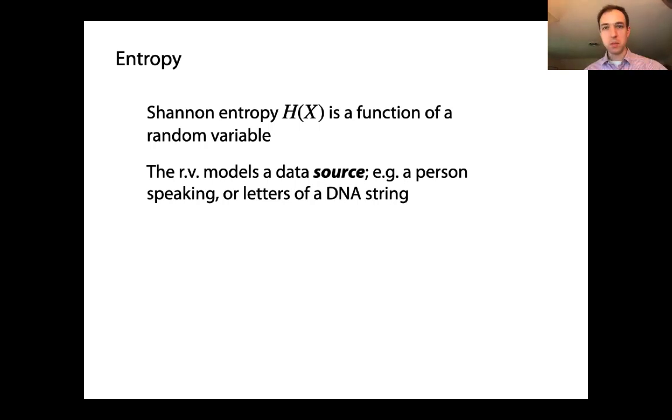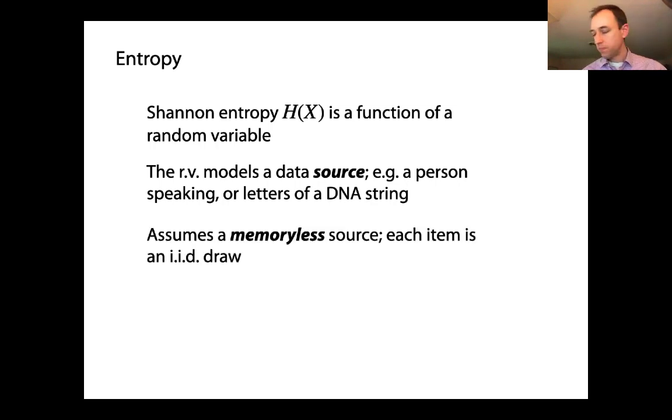If we're dealing with something else like speech, then big X is generating bits of speech. And we're assuming that this source is memoryless. In other words, every time we go to get the next letter, or the next utterance, or whatever it is, from our random variable X, it's a new independent draw. It's a new independent and identically distributed draw each time.